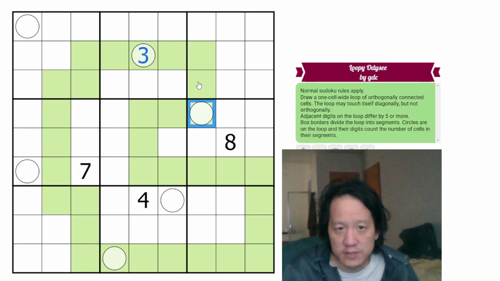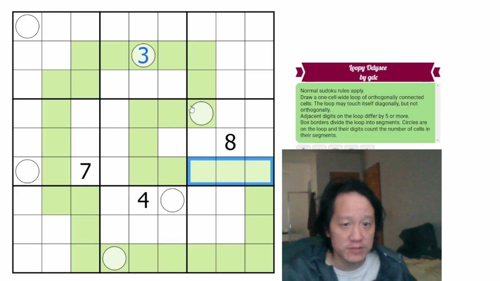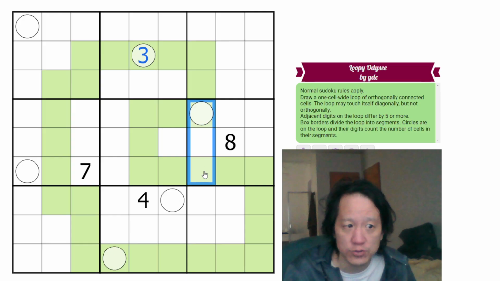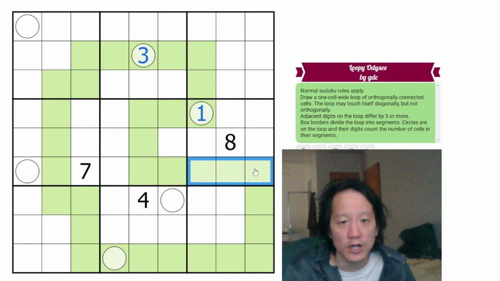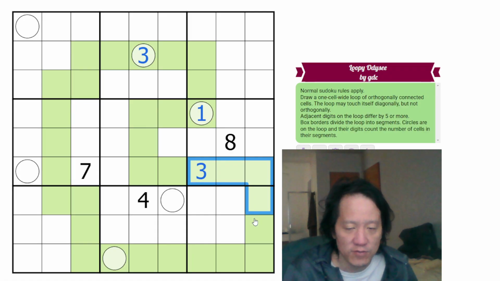Since the box borders divide it, this segment is only 1. It does not include this because that would be a completely different segment, and this would be a different segment because of the box border. So in this instance, it would be 1. If there were a circle on here, this would be 3, right? Because this instance is worth 3.